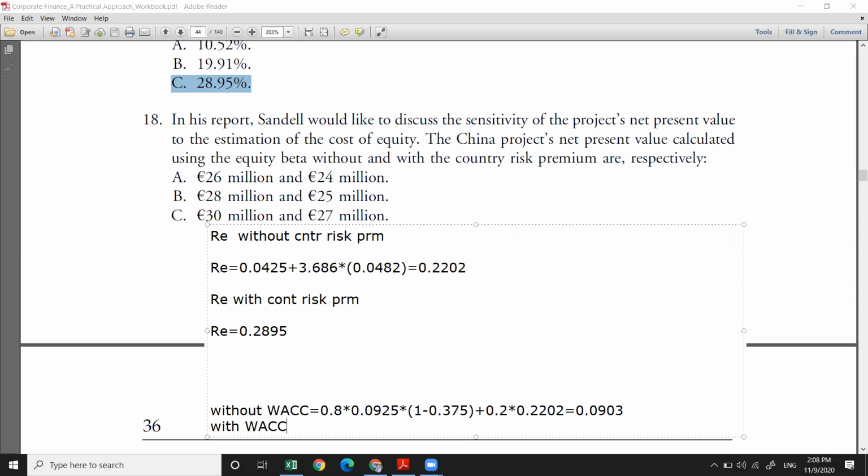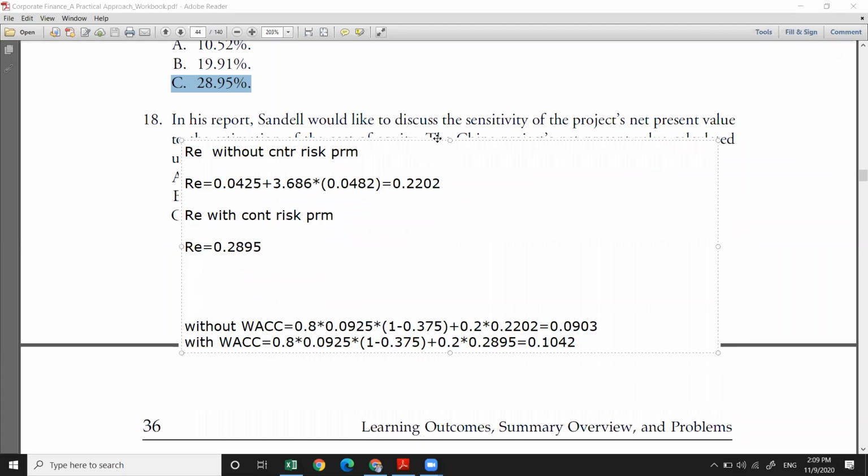So the WACC, I almost use the same numbers here, with one differentiation, 28.95. And the WACC with country risk premium is 0.1042. The logic behind this, guys, is that the more risk is considered, the more compensation is required.